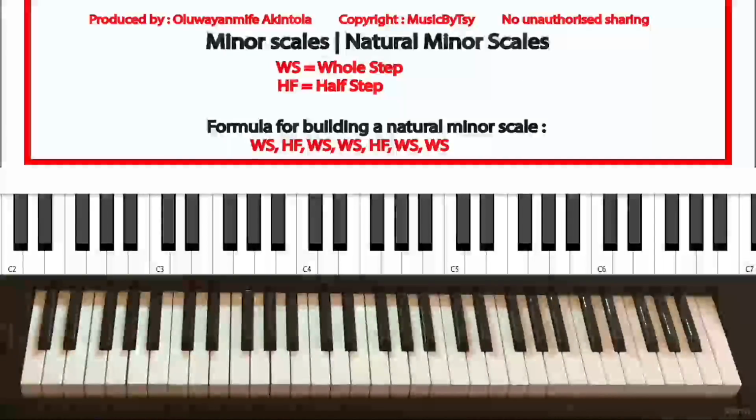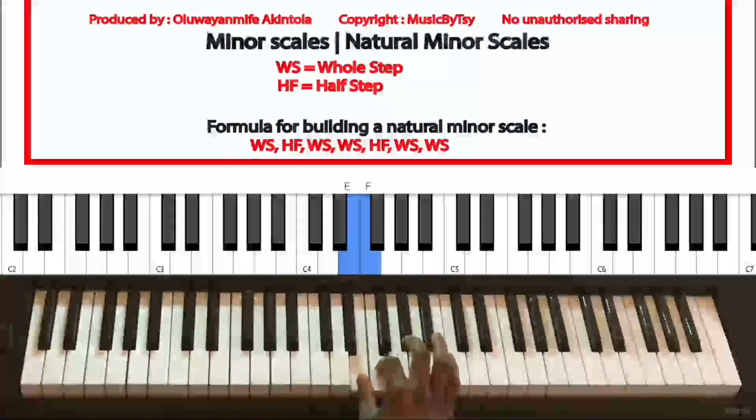Now the other method that you can use to build a natural minor scale is by using the formula. Just to remind you, whenever you move from one key to the next key without skipping any key, that is known as moving by a half step.